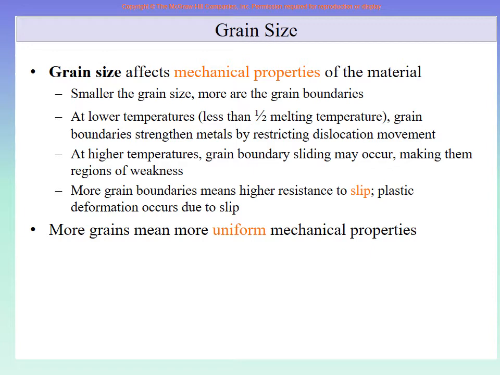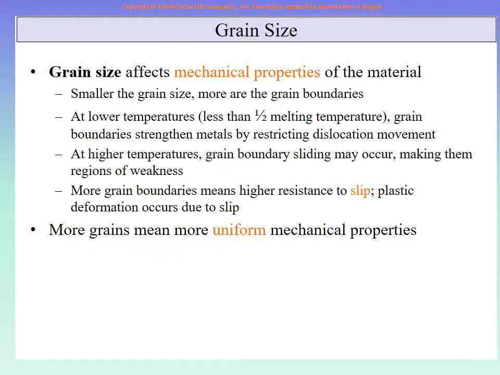We had the Hall-Petch equation, which related the yield strength of the material to the average grain size of the material, right? At that time, we just showed you the equation, but now you can see that after doing the microscopy, you can find the grain size, and therefore you can study the mechanical properties and so forth.